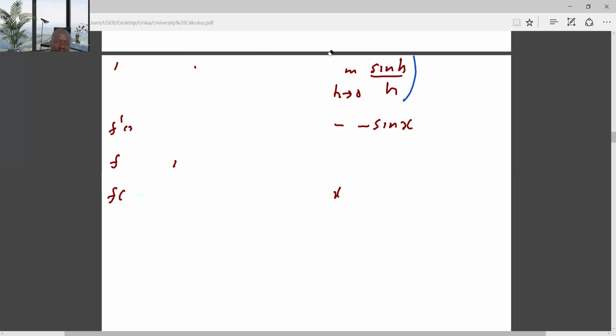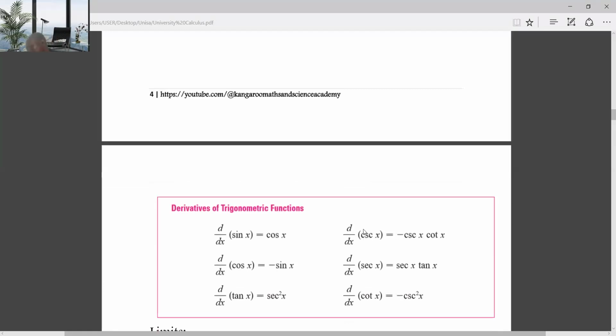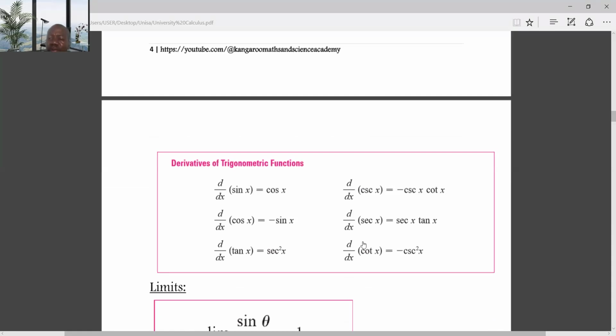So it's very important to be able to understand what we just did. Now let's go back. Already we have proved that the derivative of sine is cos and the derivative of cos is negative sine. So we have proved these two.